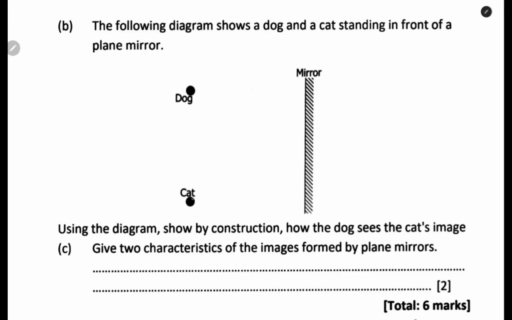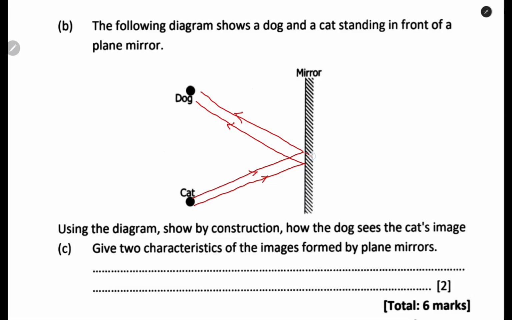The rays of light from the cat will go to the mirror. Okay, I've drawn two lines here to the mirror. Then now they will bounce back from the mirror, let me just put it like that, and of course enter the eye of the dog.